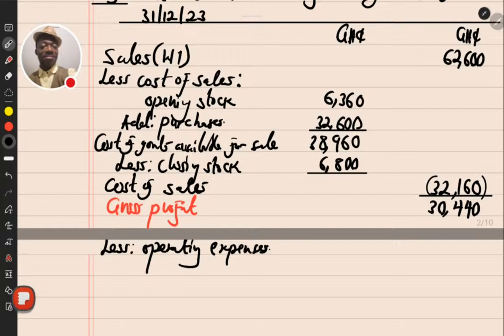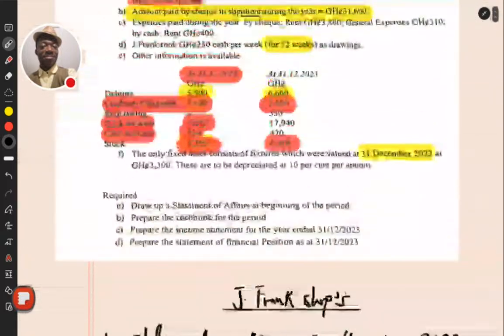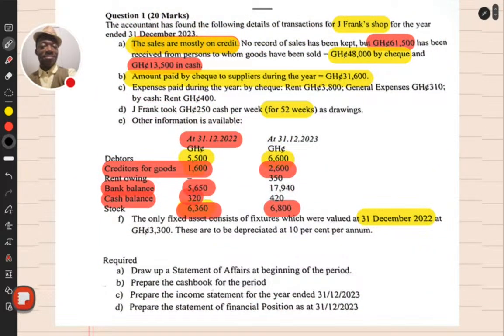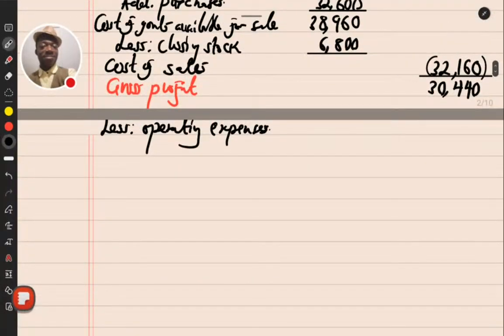So we start first thing first. We remember transaction F, we're told that fixed assets as fixtures is depreciated at 10% per annum. That means we are on the straight line method on cost. So we start with that aspect there.